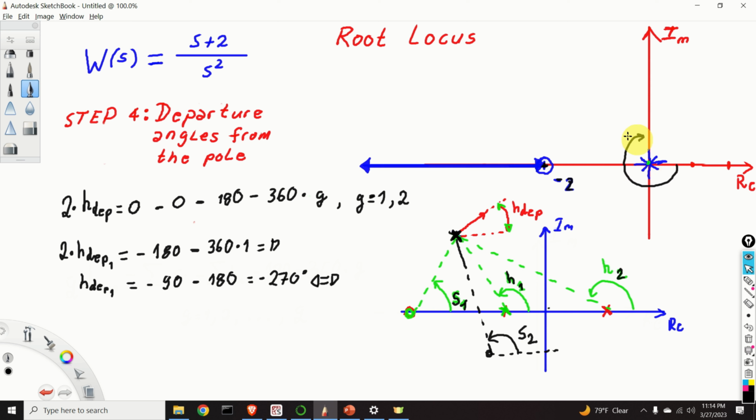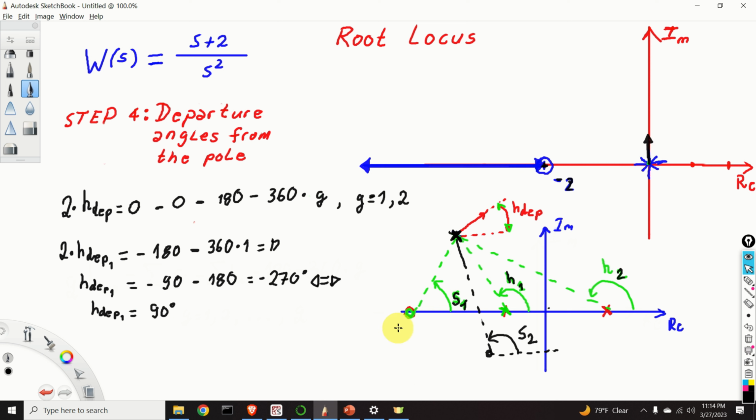This angle here is minus 270, and obviously this angle is equivalent to this angle over here, right? And that's exactly 90 degrees. Perfect! We obtained one very important piece of information. The first departure angle, departure 1, is exactly 90 degrees. And this tells us the following. This pole will move in this direction.